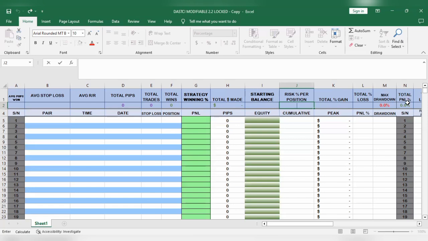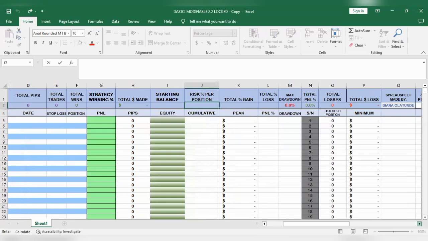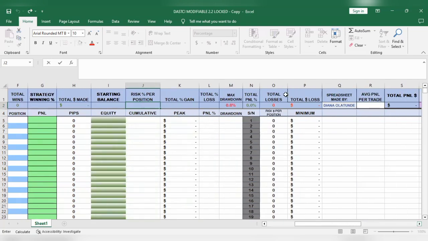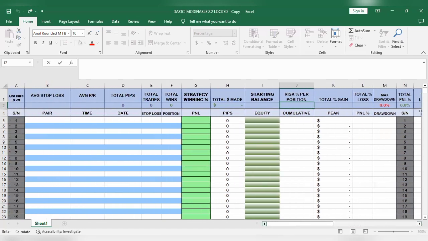Then P&L here stands for profits and loss, the percentage of your P&L, then your total losses of trades rather, sorry, and then your total losses in dollars. So those are the basic major ones you need to understand.